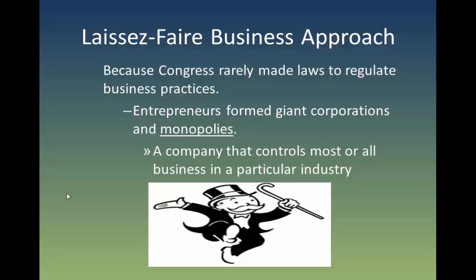And if we look directly under the monopoly man, the ideal setup during this time for those looking to get rich was to have a monopoly. This is where a company or corporation controls most or all business in a particular industry. So you need to write most or all business in a particular industry.